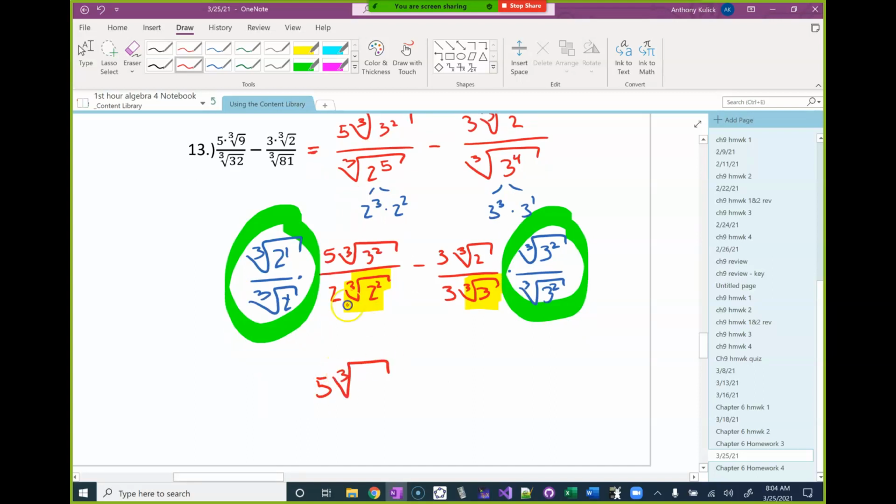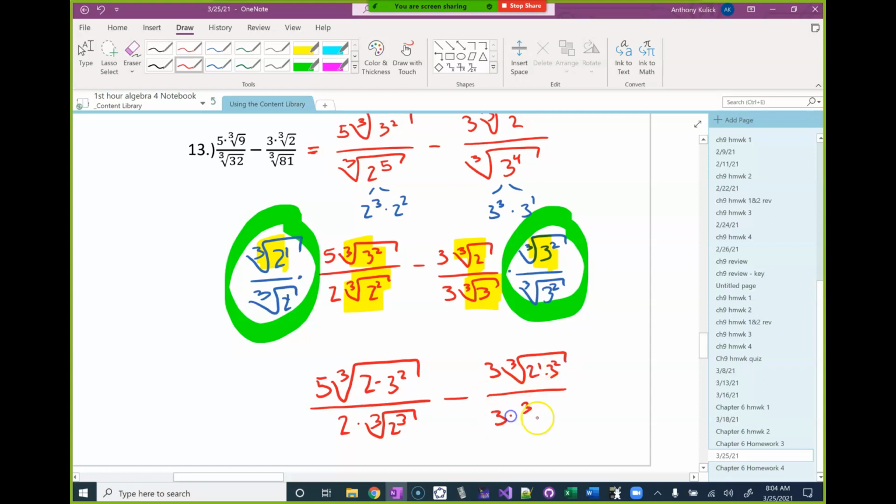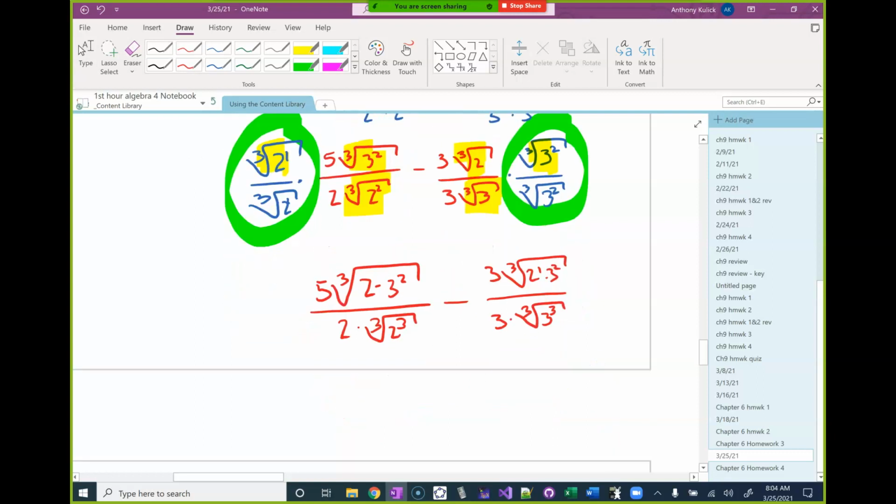I'm going to write them so that they're in the same form, and likewise the numerator. So far, so good, Leo? Yeah. Okay.